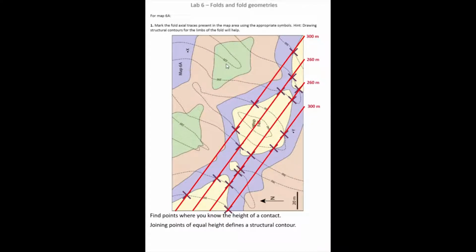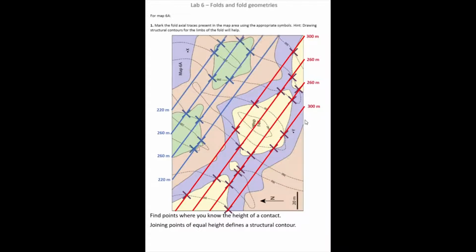So why don't we drop on some structural contours just like we did for our contact between the yellow and purple, this time using the contact between the brown and the green. So I mark on all of the points where I know the height of that green on brown contact, and I draw me some structural contours.